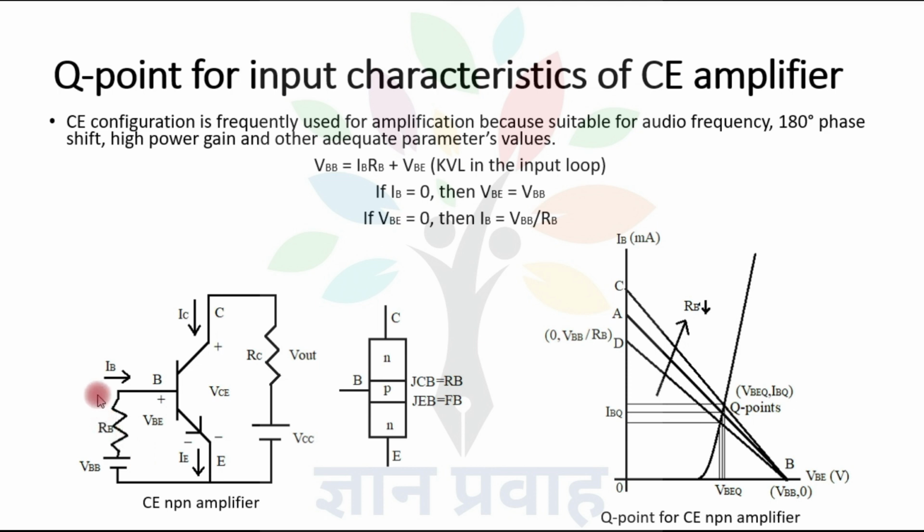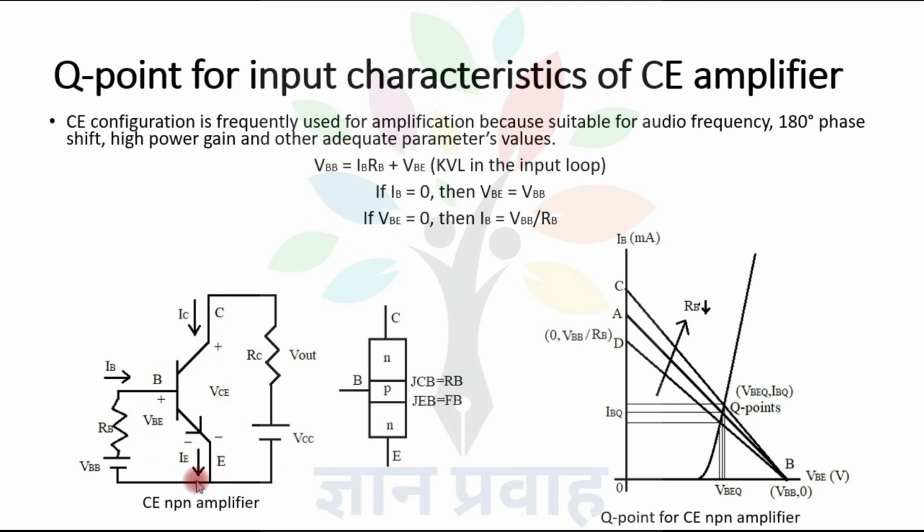And the currents are IB for base current, IC for collector current and IE for emitter current. Biasing potentials are VBB and VCC. The condition for operating this amplifier in the active region is given here. The collector to base junction must operate in reverse bias and the emitter to base junction must operate in forward bias.